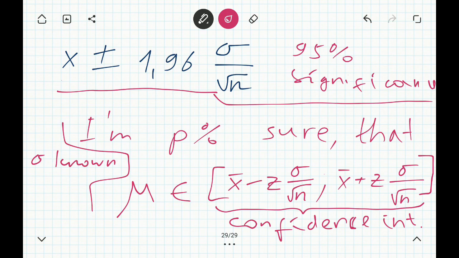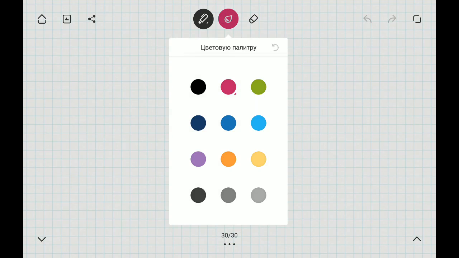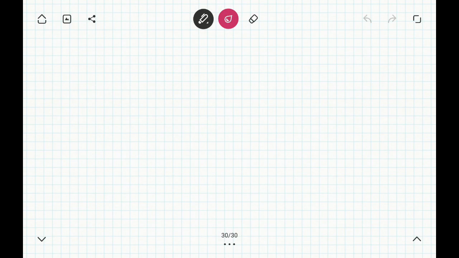And you may ask, well, what do I do if I don't know the population standard deviation? And I'll say, well, you can calculate your sample standard deviation.